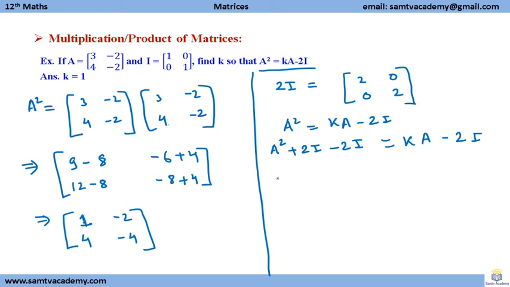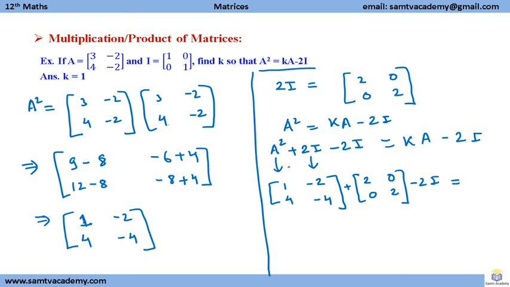Here we will substitute the value of A square: 1 minus 2, 4 and minus 4. We will write here plus 2I value. 2I value is 2 0 0 2, and this is equal to KA minus 2I.